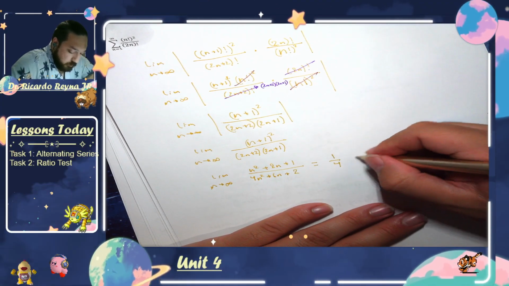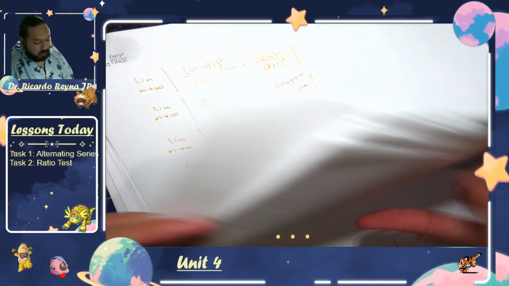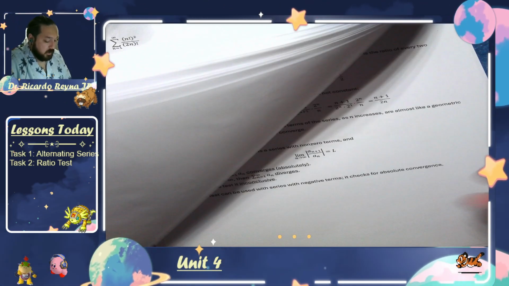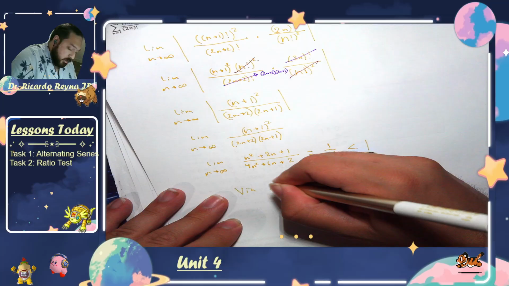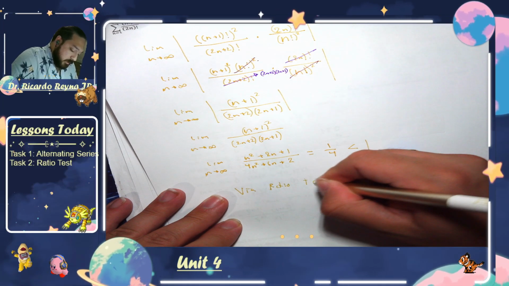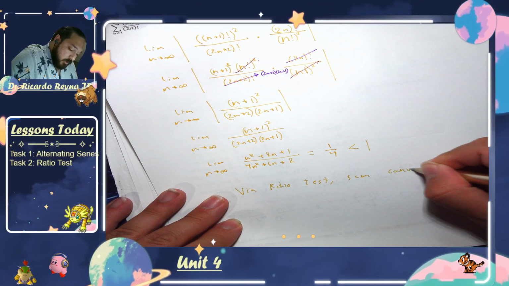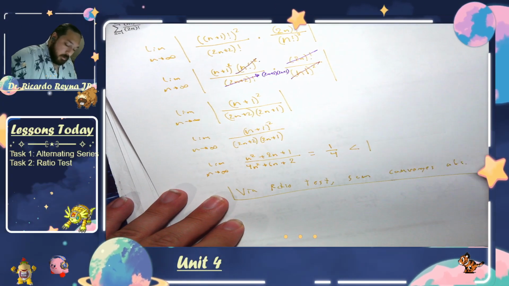And this limit, 1 over 4, is less than 1. So that tells me via the ratio test that this converges absolutely. So via the ratio test, the sum converges absolutely.